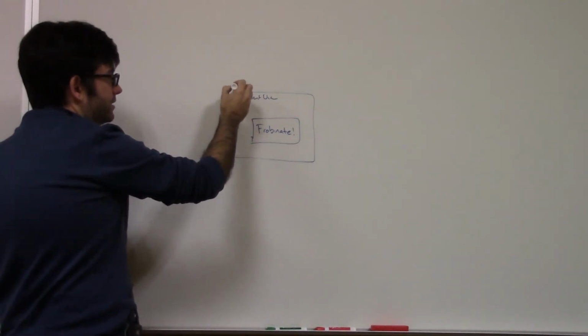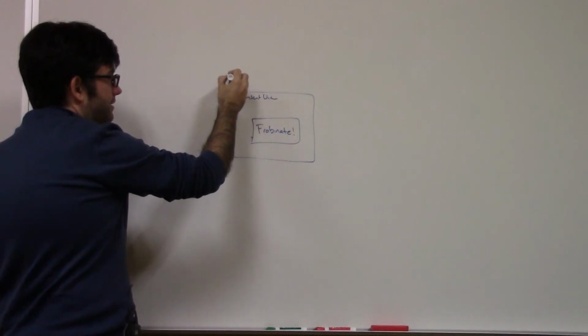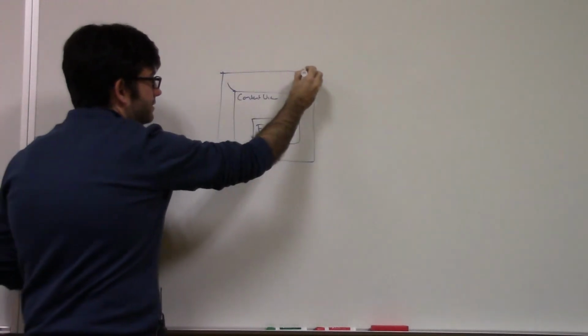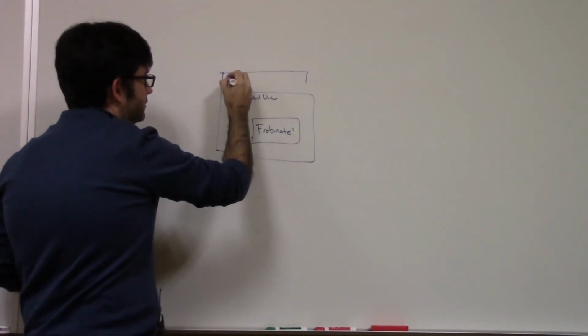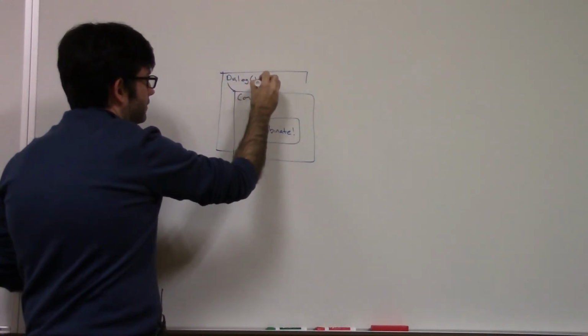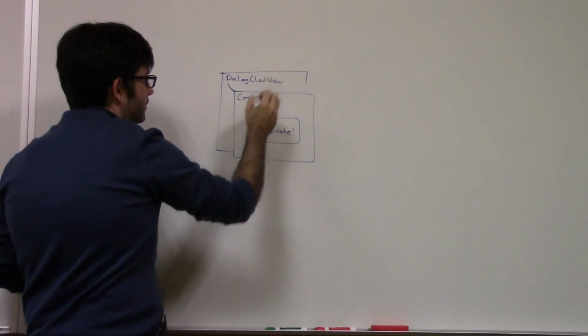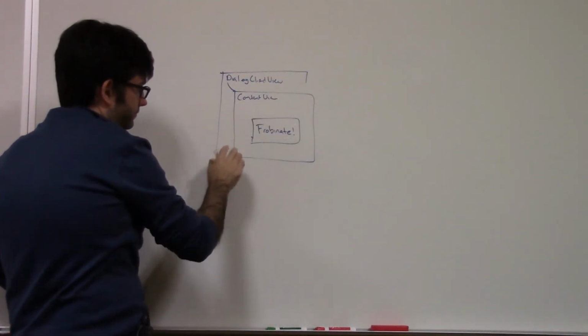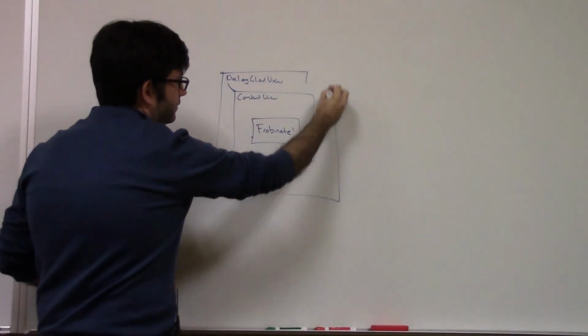And then this view is supplied to a dialog box, and there's another view that is its parent, which is called the dialog client view. And this guy actually has some additional stuff in it.